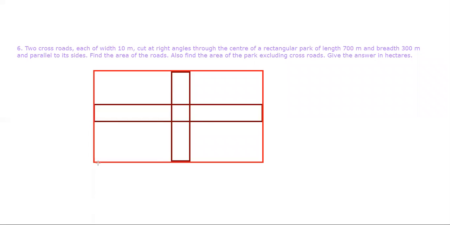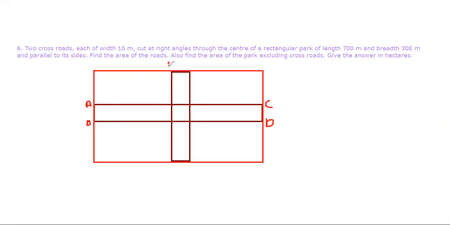So let us name it. This one would be A, B, C and D. This is one crossroad, ABCD.